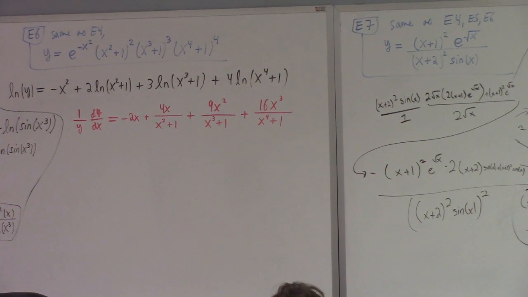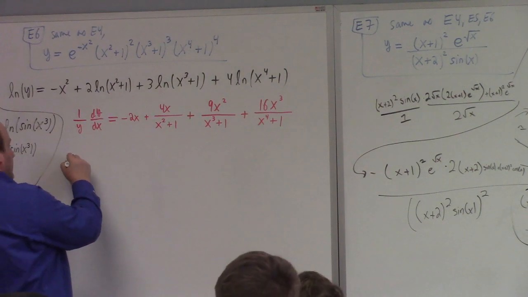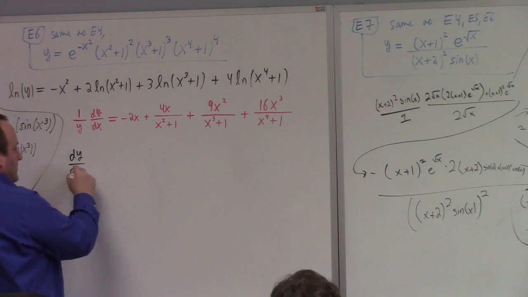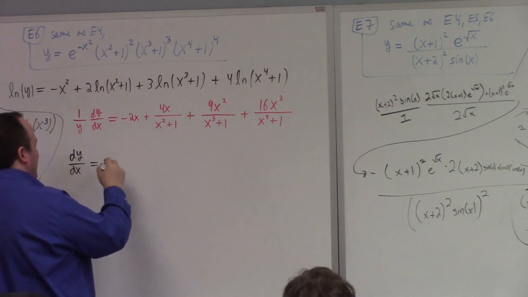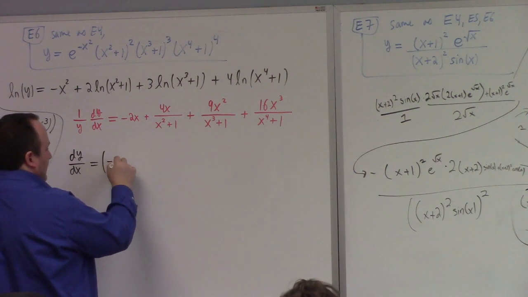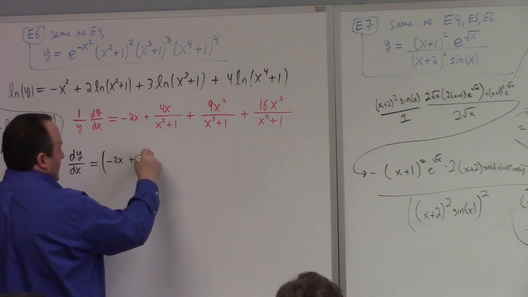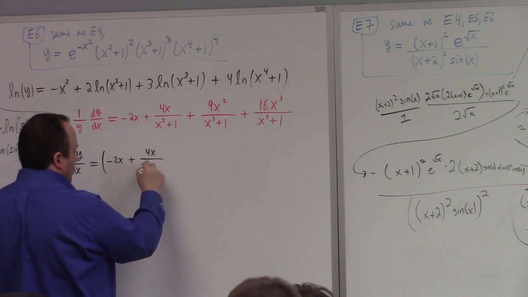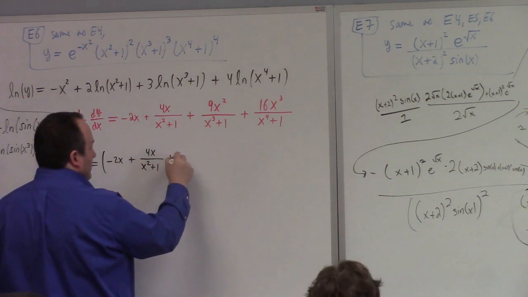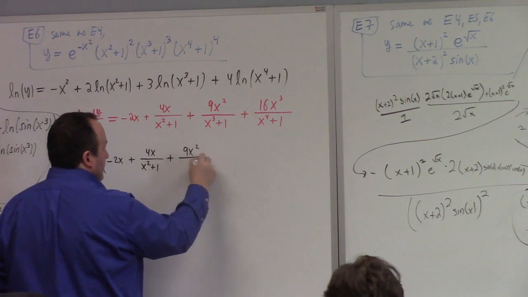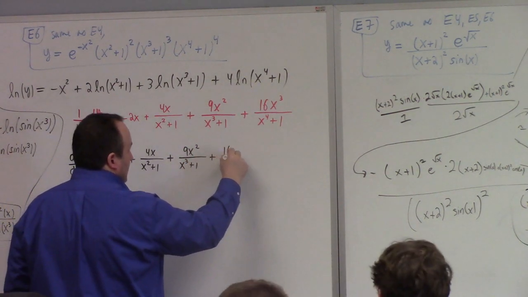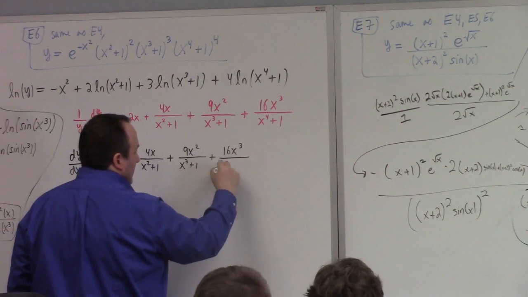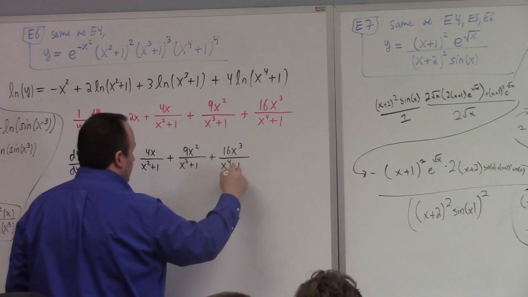So then, solve for dy/dx. What we got? dy/dx equals, apparently, and I'm not going to try to simplify this, guys: minus 2x plus 4x over x squared plus 1, plus 9x squared over x cubed plus 1, plus 16x cubed over x to the 4th plus 1.